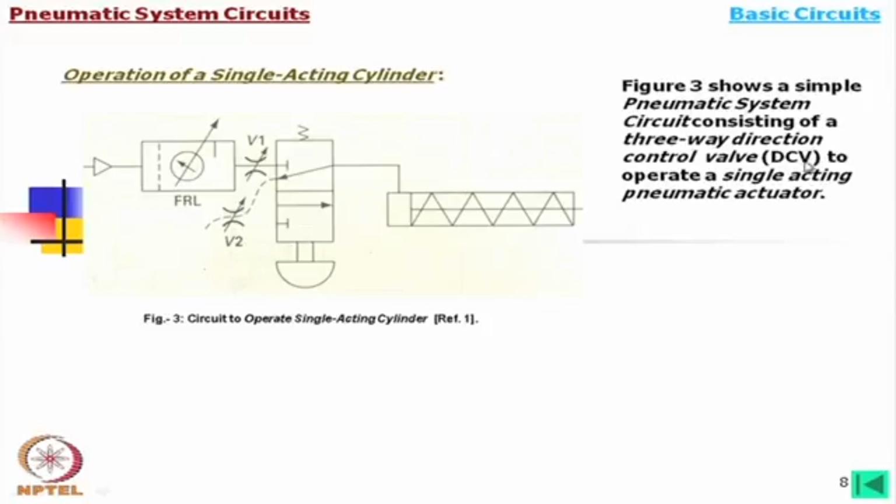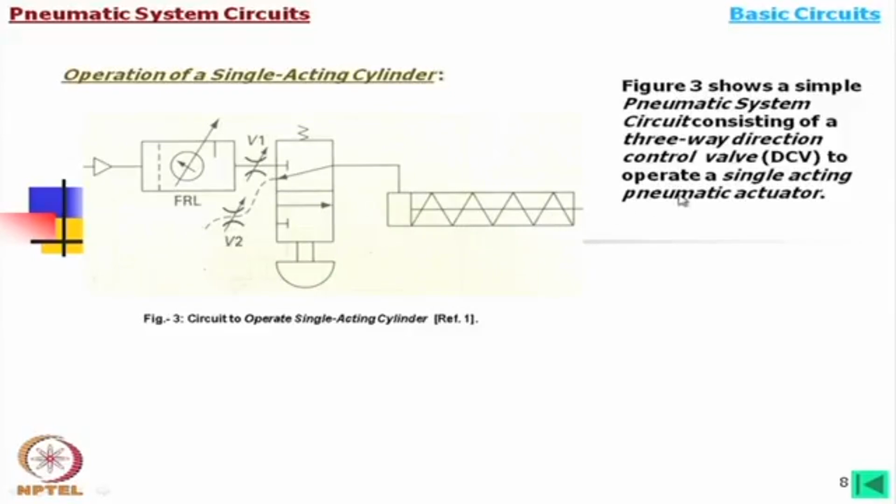There is no harm, you can use capital D and C, but in case of pneumatics, it is normally called DCV. We should not call it DCV valve, we call it DCV, the direction control valve. Now, this direction control valve normally remains in this position. That means, the air from this piston end is going to the atmosphere.